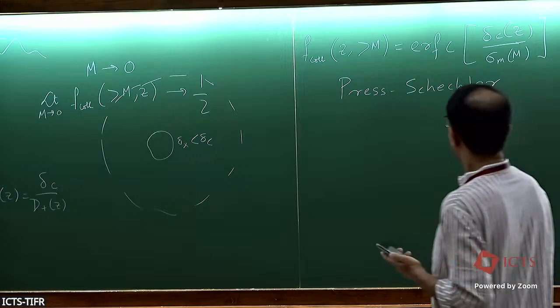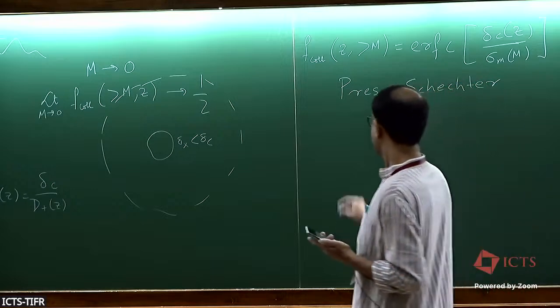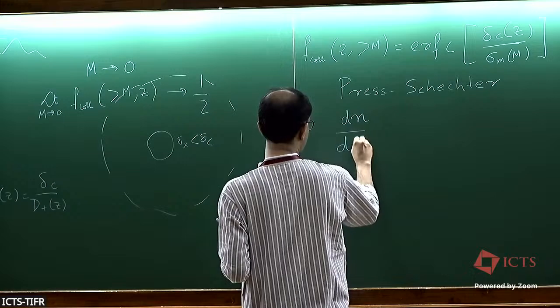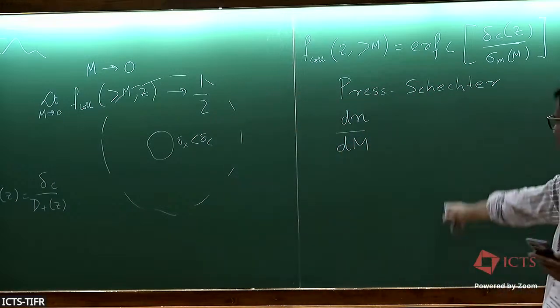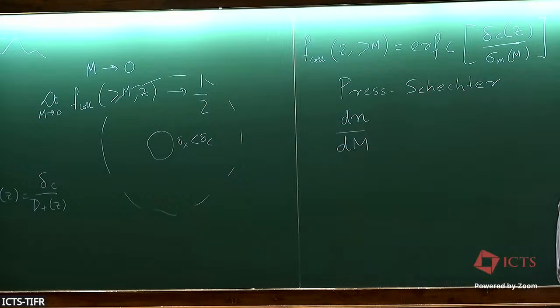Now, I want to know something more. What I want to know is the number of halos per unit co-moving volume per mass range. So dn will be the number of halos within a mass range m and m plus dm per unit co-moving volume.